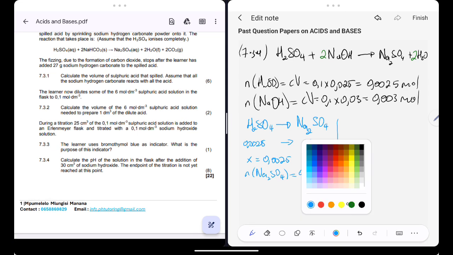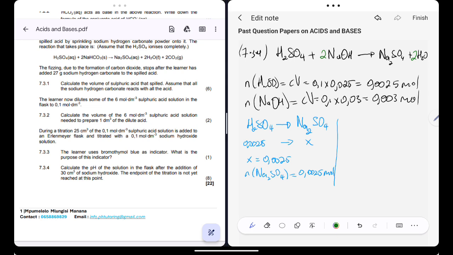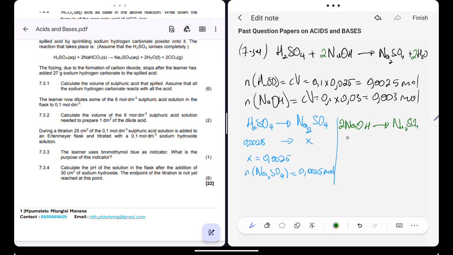Okay, now let's check, if I completely use up my base, how much of the sodium sulfate will I form? 2 moles of sodium hydroxide will give me 1 mole of sodium sulfate. But I don't have 2 moles, I have 0.003.